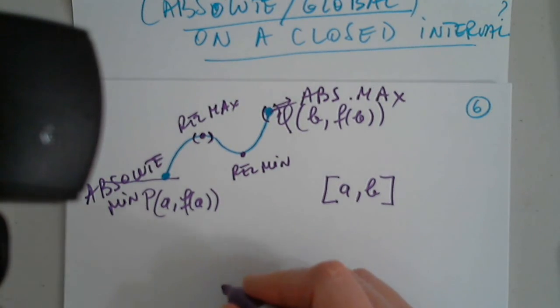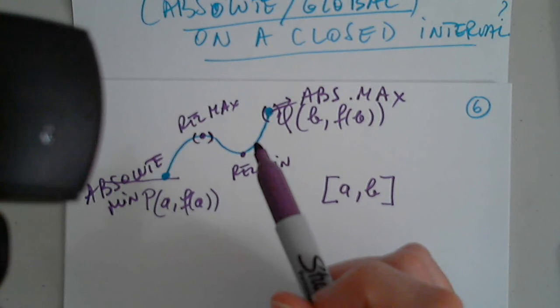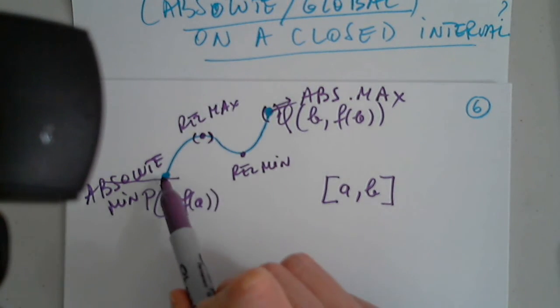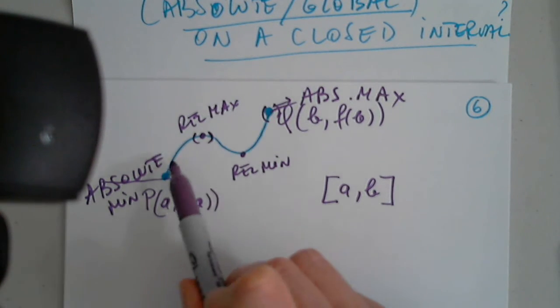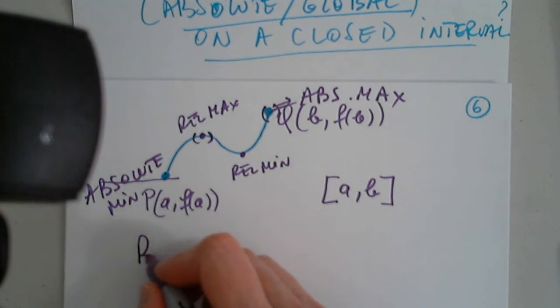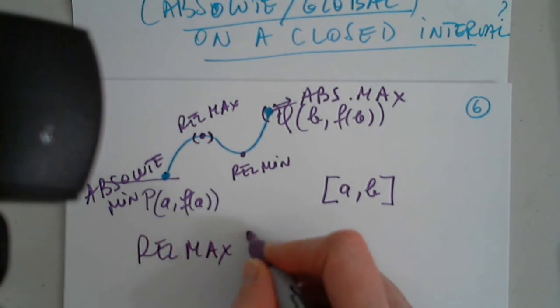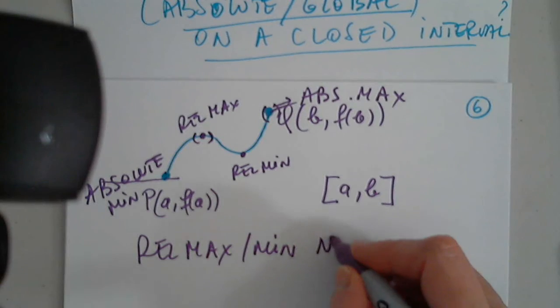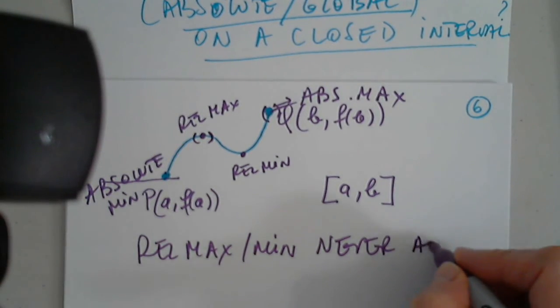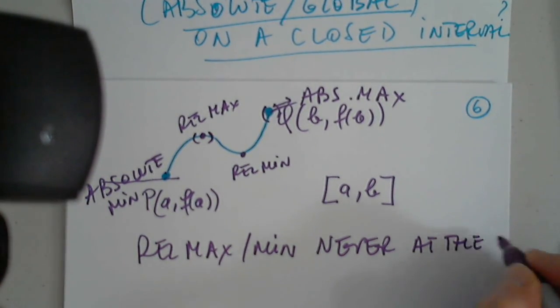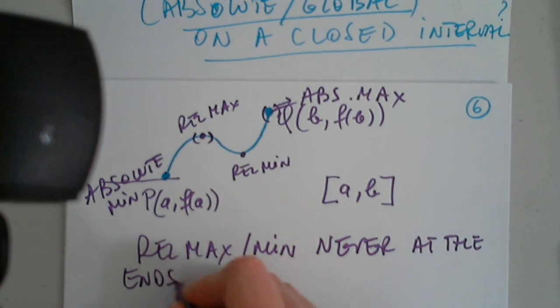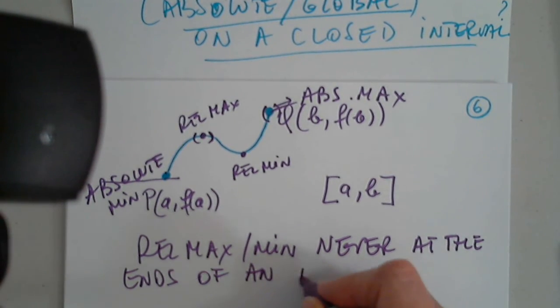So a relative max or min can never be at the end or ends of an interval.